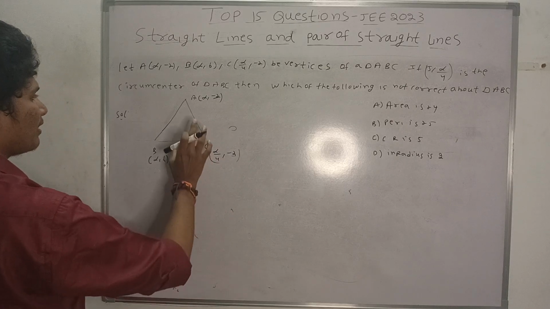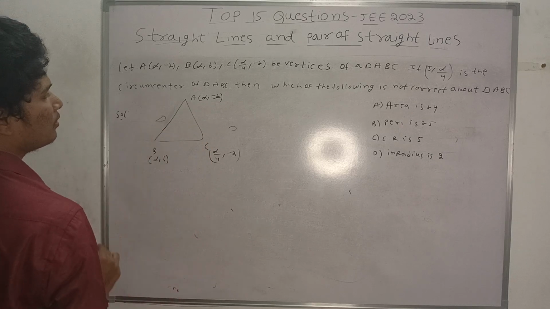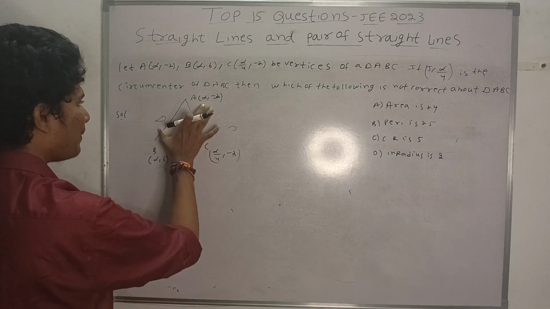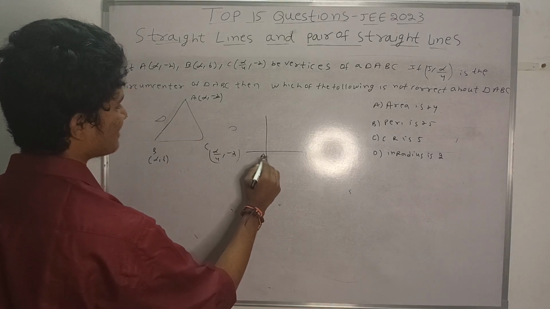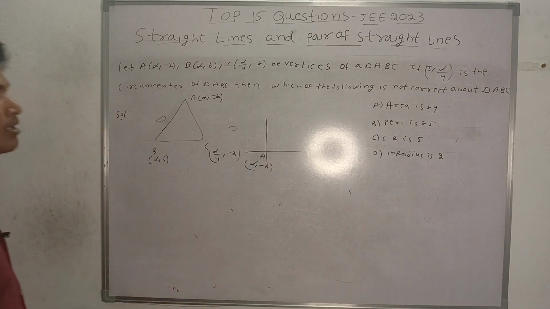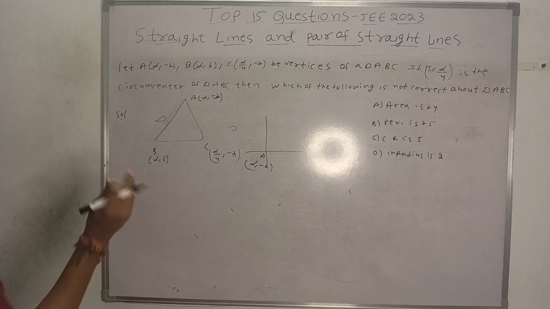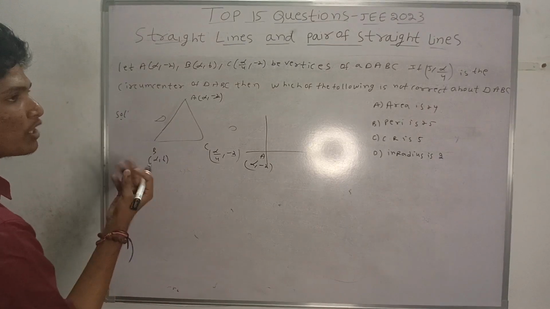And the line AB has an infinite slope. That means AB is perpendicular to AC at the vertex A, that is (alpha, -2). It is very important to find this type of thing.